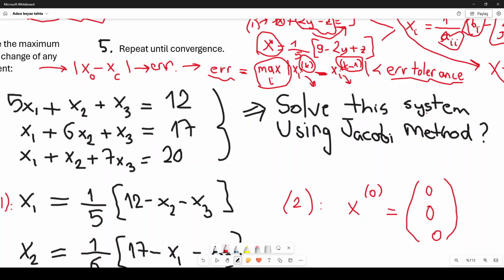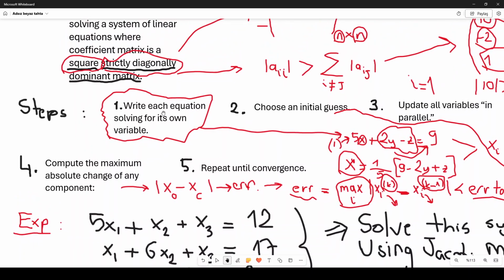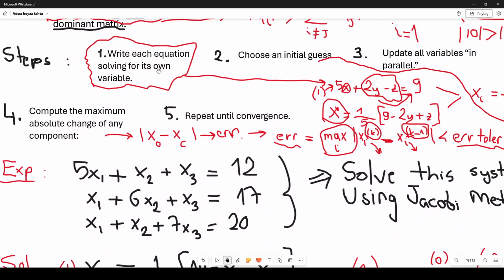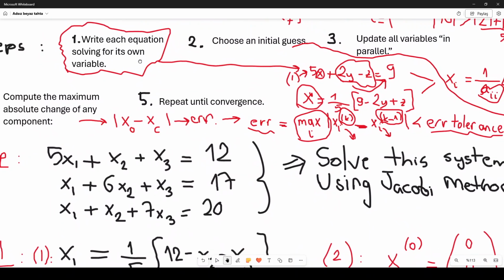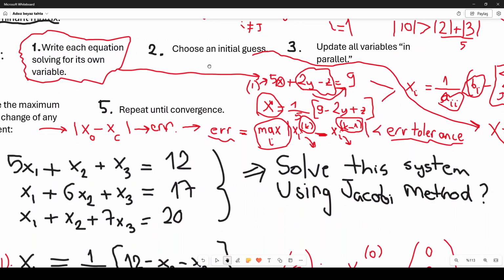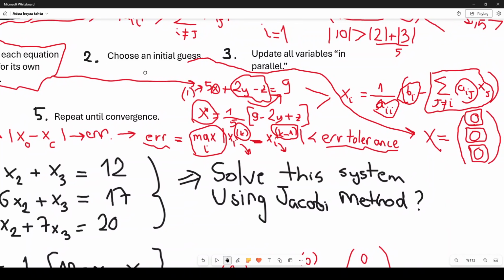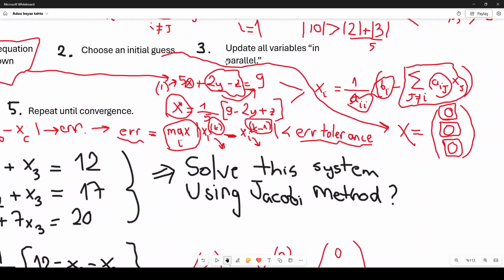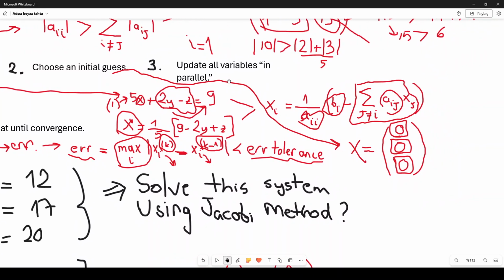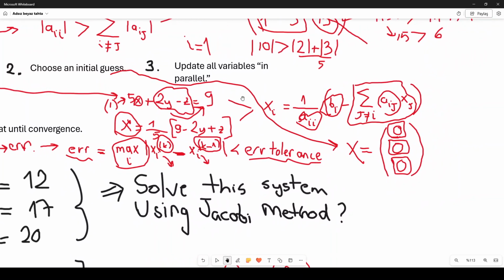Alright, and these are the steps, guys, we need to follow. Again, first we rewrite each corresponding unknown variable in each equation, and then start with an initial guess. If we are not given an initial guess, we take all the values equal to 0. Then, by plugging in the initial guess, we start iterating and finding the new values for the unknown variables.